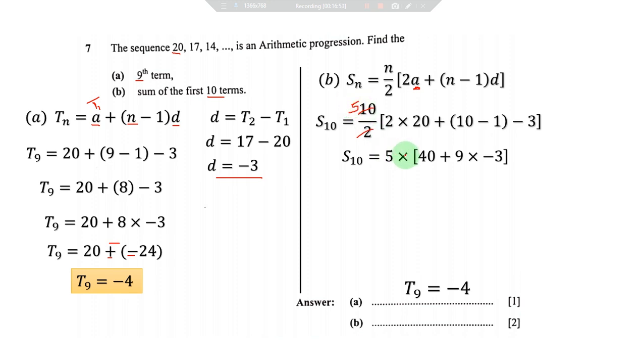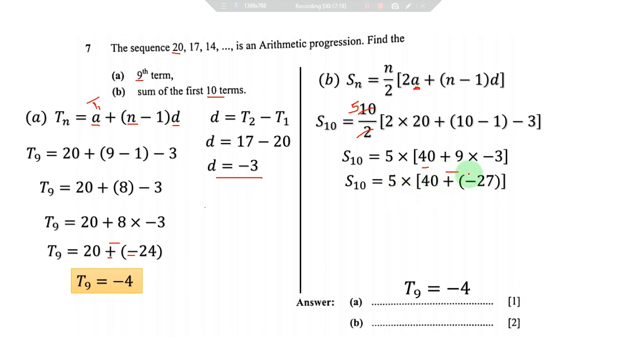Okay, so 5 times 2 times 20, that is a 40 you are seeing here. And then 10 minus 1, that is a 9 times a negative 3 there. So 9 times negative 3 will give us a negative 27. You can see I'm separating the positive and the negative with brackets there. Okay, so again, positive times negative, it will leave us with a negative.